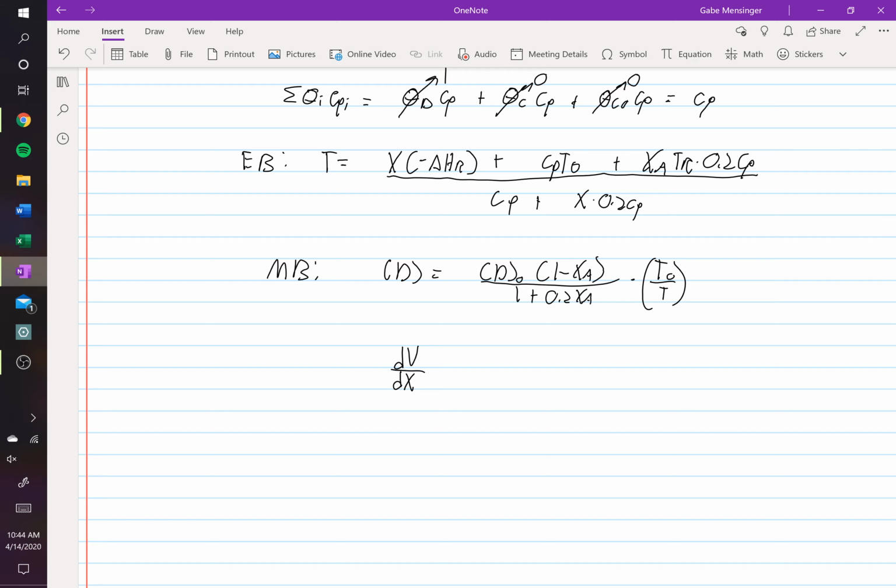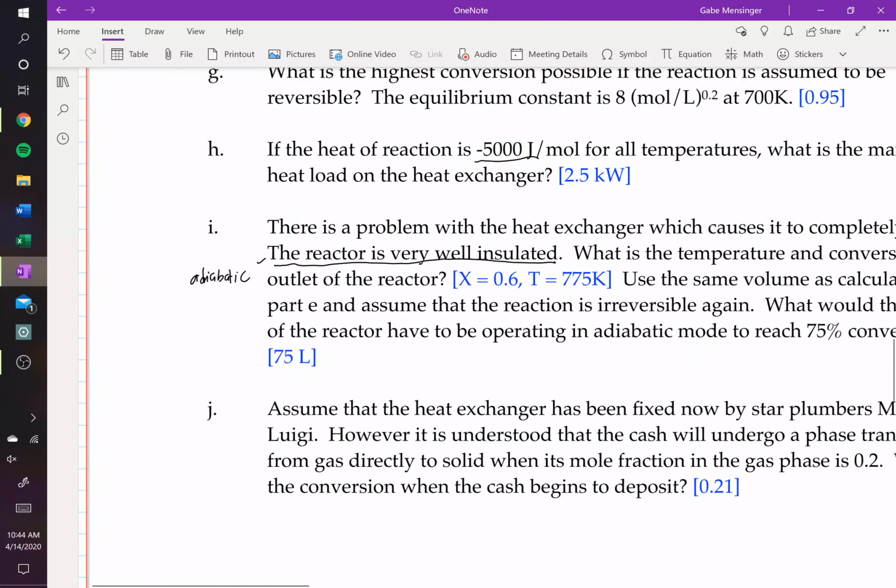dV over dx. Are we solving for volume or are we solving for conversion?